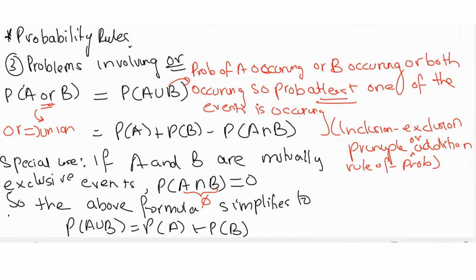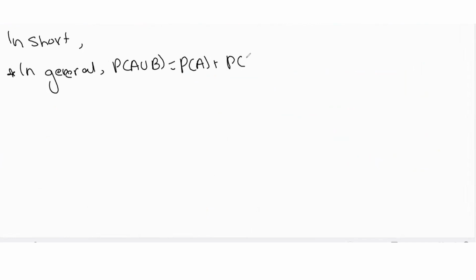So if we just summarize what we did, in general, probability of A union B is probability of A plus probability of B minus probability of A intersection B, which is the inclusion exclusion principle or the addition rule of probability.